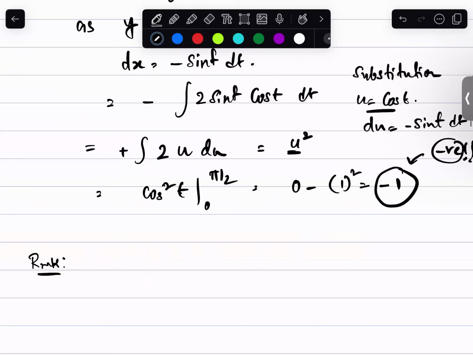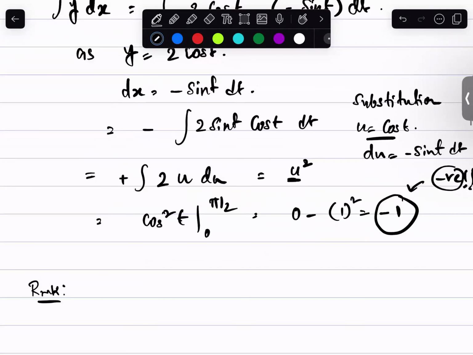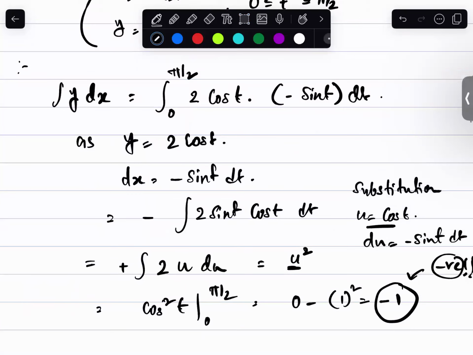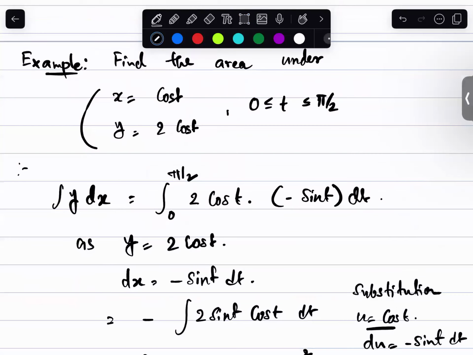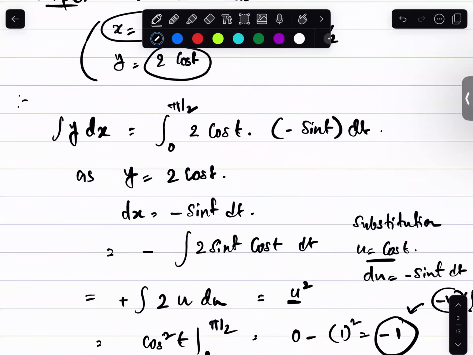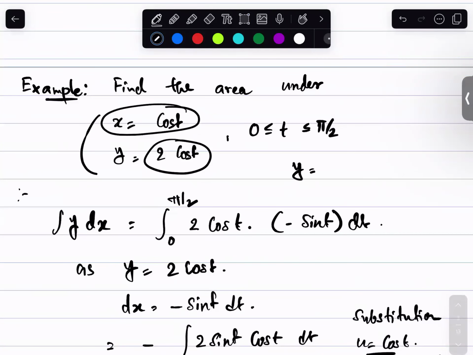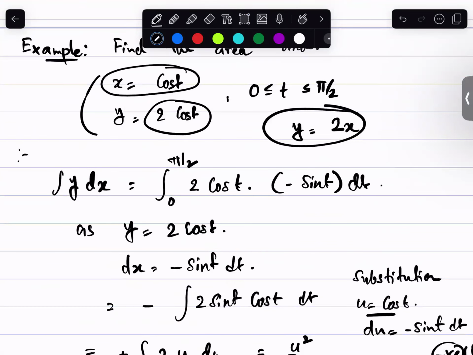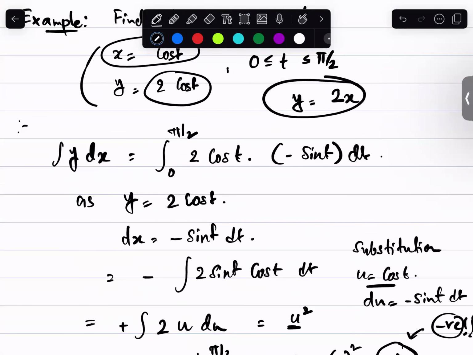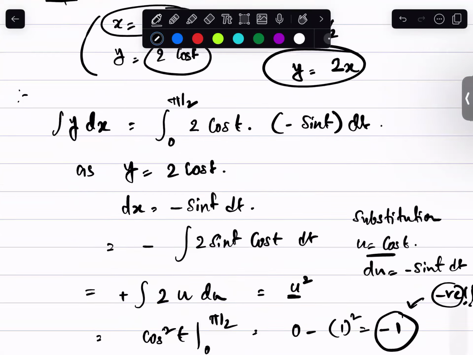So we are getting a negative number as area, which is a little bit absurd, right? So if I try to sketch the graph, then what I'll get. See, my y was 2 cosine t and x was cosine t. So therefore, I can easily see that y is the same as 2x, right? This is the equation involving x and y only.